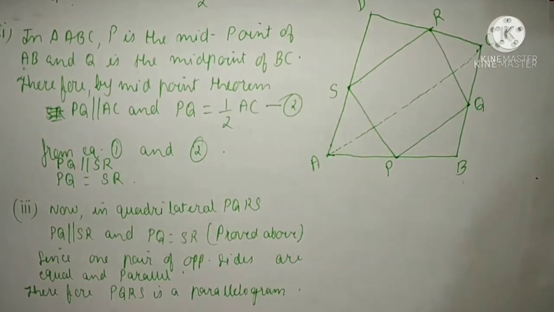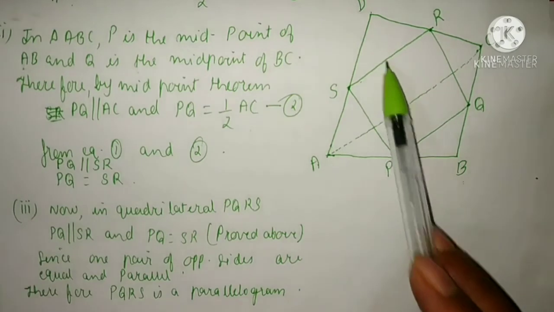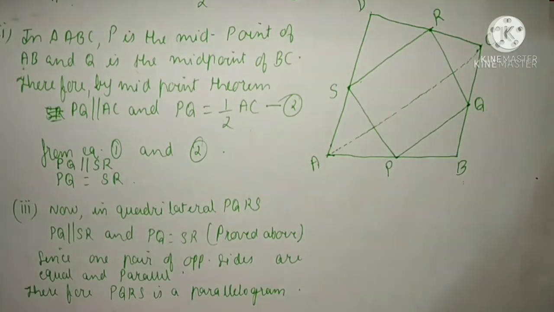Now since one pair of opposite sides are equal also and parallel also, therefore we can say that PQRS is a parallelogram. So we will write, since one pair of opposite sides are equal and parallel, therefore PQRS is a parallelogram.